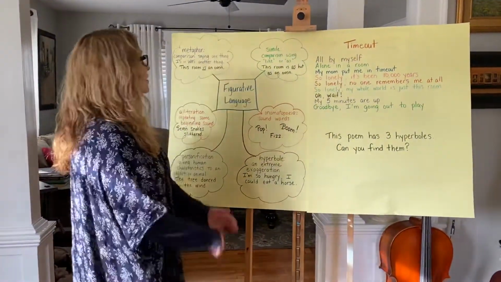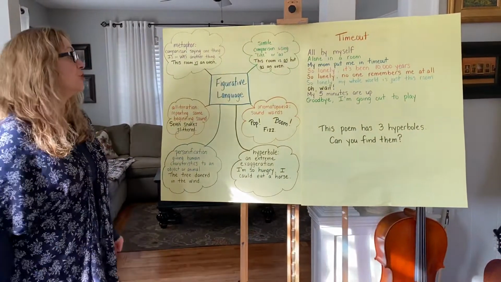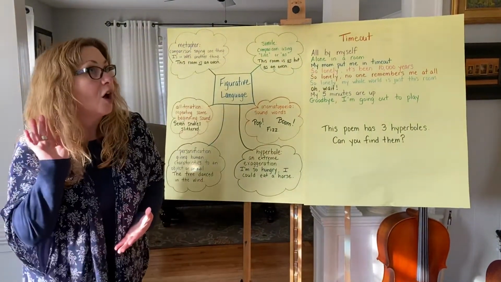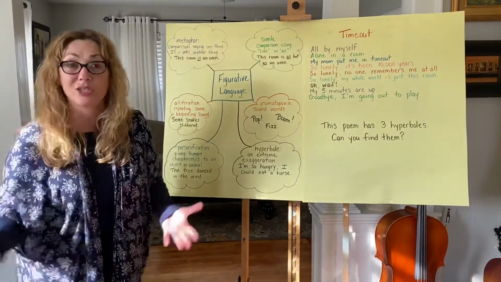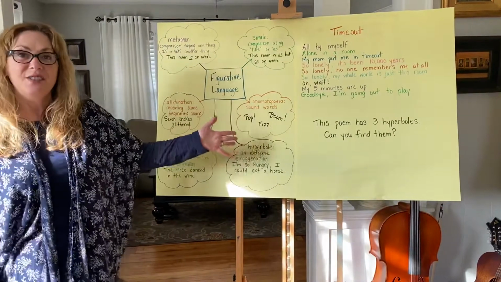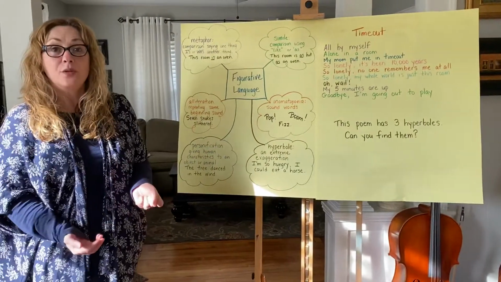Another device of figurative language is onomatopoeia. Go ahead, say it. It has a lot of syllables. Pop, boom, fizz. Those are all of those sound words.